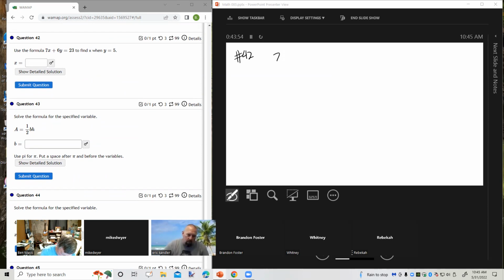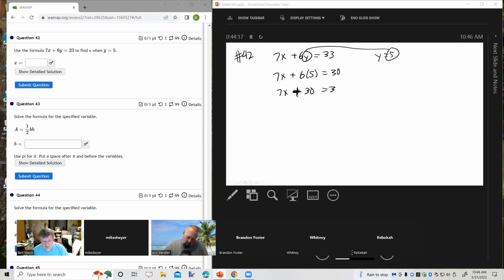42. Use the formula 7x plus 6y equals 33 to find x when y is 5. So 5 goes in the place of y. 7x plus 6 times 5 is 33. 7x plus 30 equals, hang on, I need to slow down here.